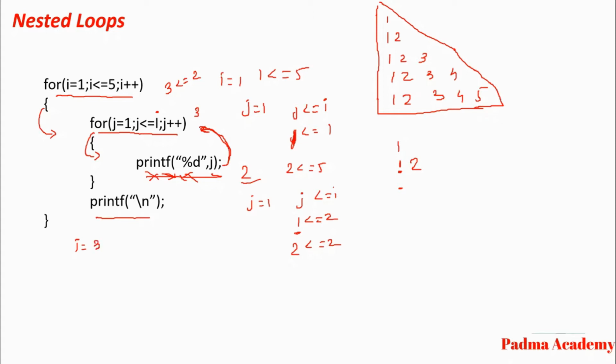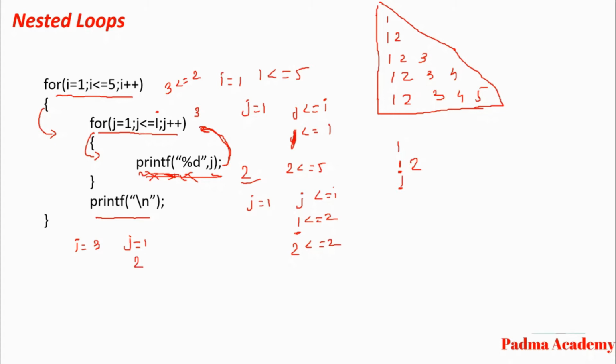Then it will check that is 3 less than or equal to 5, yes. Then it will execute the inside for loop, that is it will assign the value of j equal to 1, and it will check that is 1 less than or equal to 3, that is j less than or equal to i. Then it will execute that printf %d j, that is it will print the value of j, that is 1.